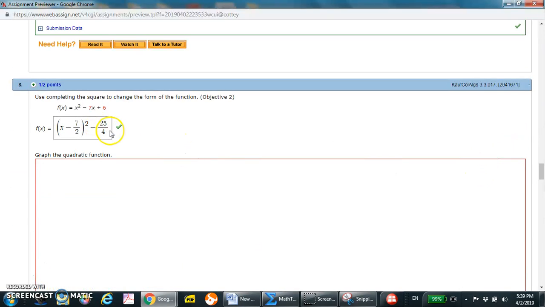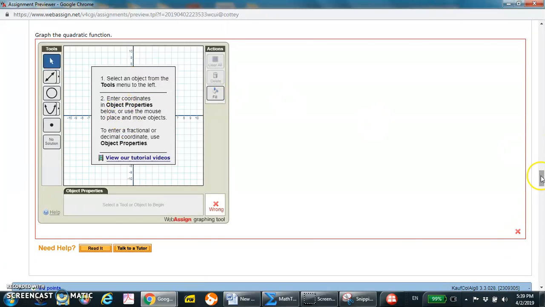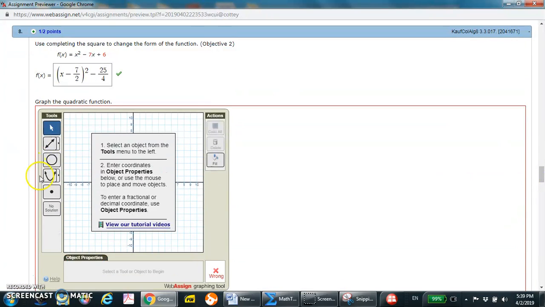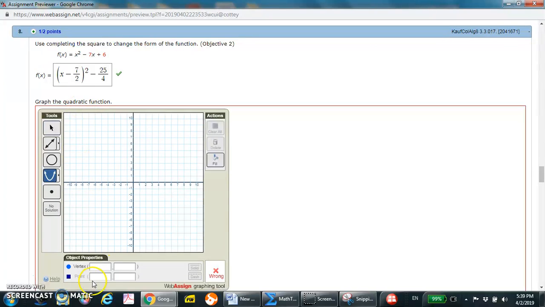Okay, so it's right. Now next, we're gonna graph the function. So the first point is the vertex, so 7 over 2, and negative 25 over 4. Okay, now we're gonna need a second point.